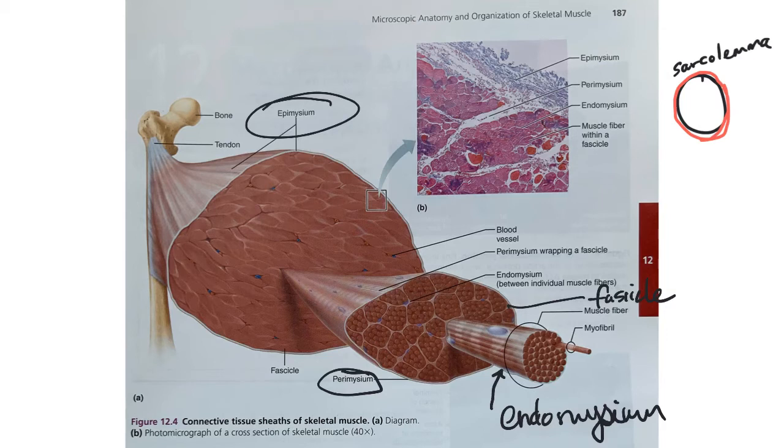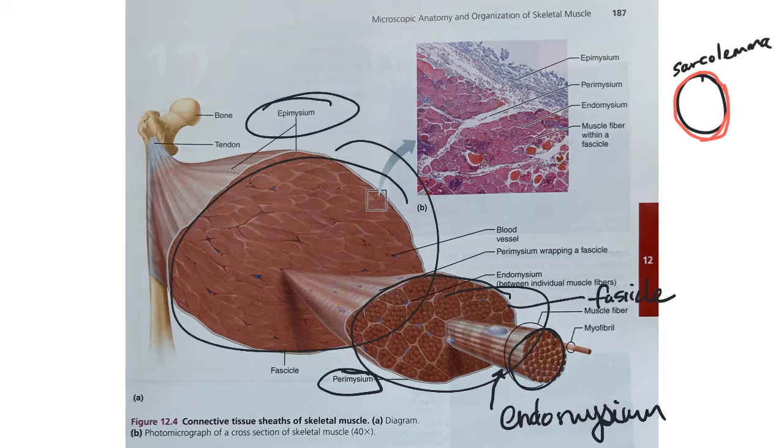Also look at how many collagen fibers are within and around every muscle fiber, which is surrounded by collagen of the perimysium, which is surrounded by collagen of the epimysium. For lack of a better term, all these collagen fibers are braided together.